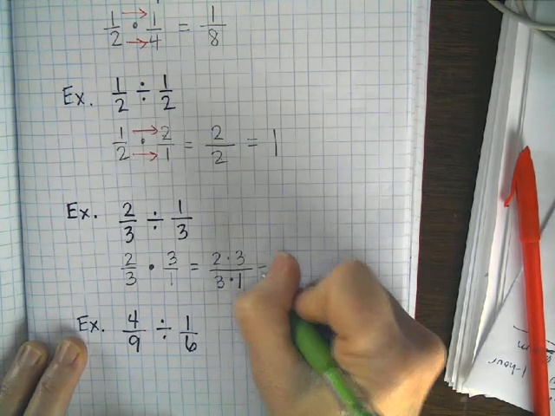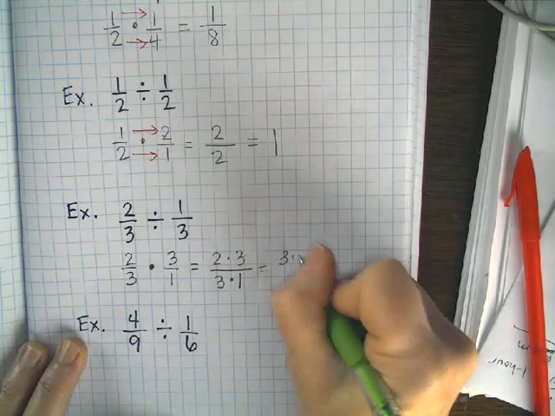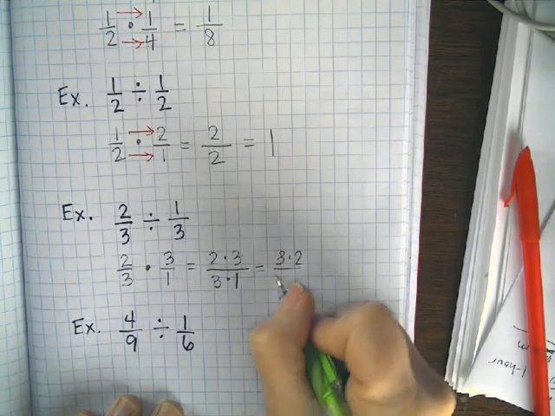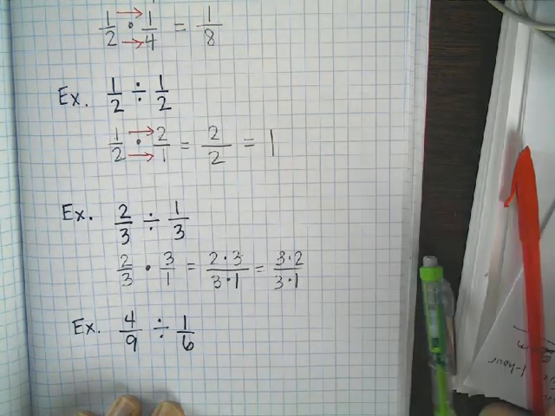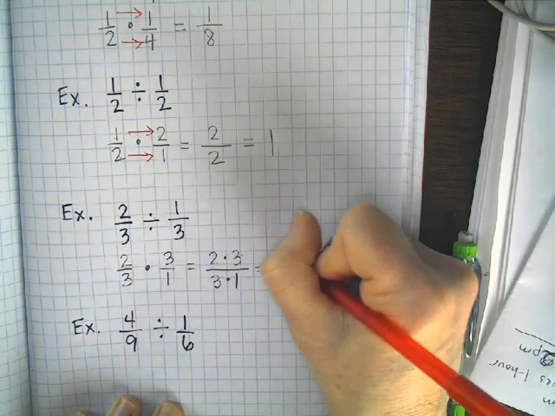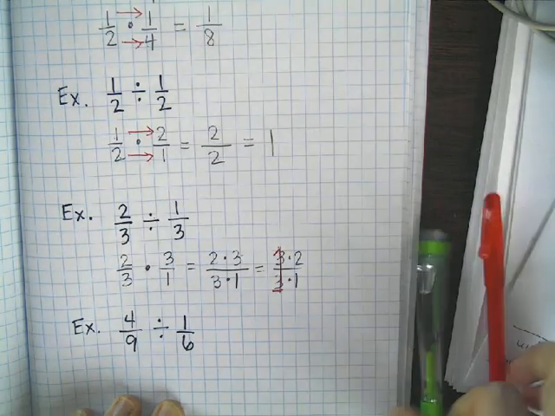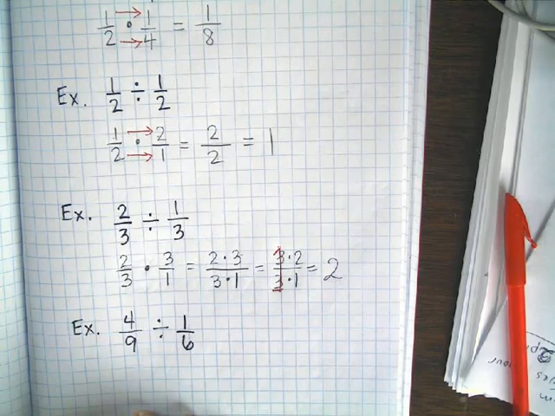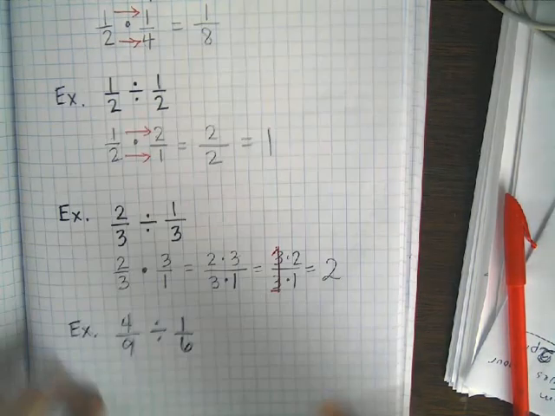I can rewrite this as 3 times 2, commutative property, over 3 times 1. Oh, check it out. 3 divided by 3 is 1. So I'm left with 2 divided by 1, which is 2. Aha.